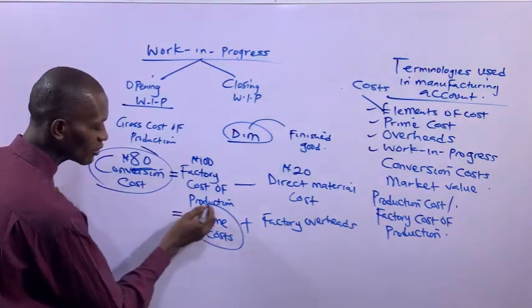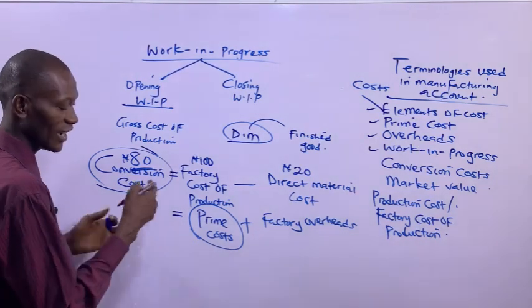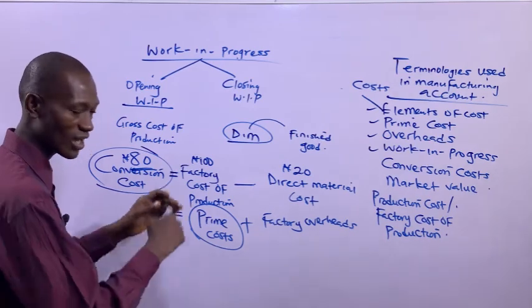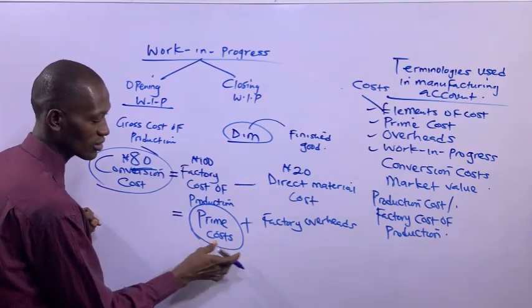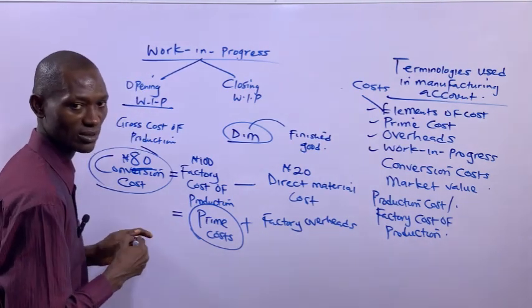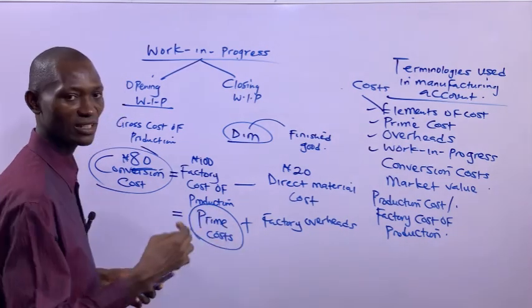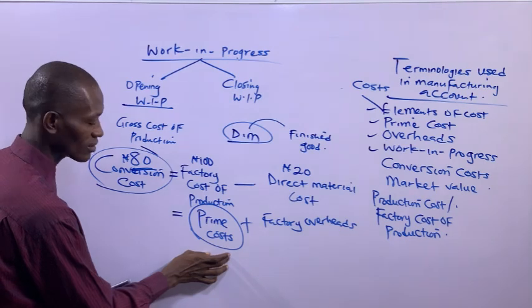In this prime cost, you already know that you have your direct material, direct labor, and direct expenses. You also have three costs that make up factory overheads: indirect material costs, indirect labor costs, and indirect expenses. So what we are concerned with is prime cost.